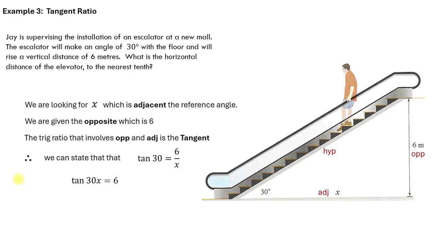Using algebra, we come up with a statement that says tan 30 times x equals 6. If tan 30 times x equals 6, then x by itself equals 6 divided by tan 30. Punch these values into our calculator, giving us a value of 10.4 meters for x.